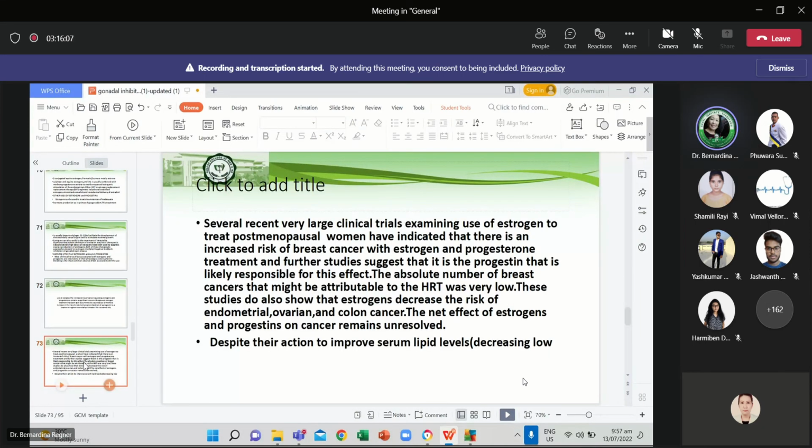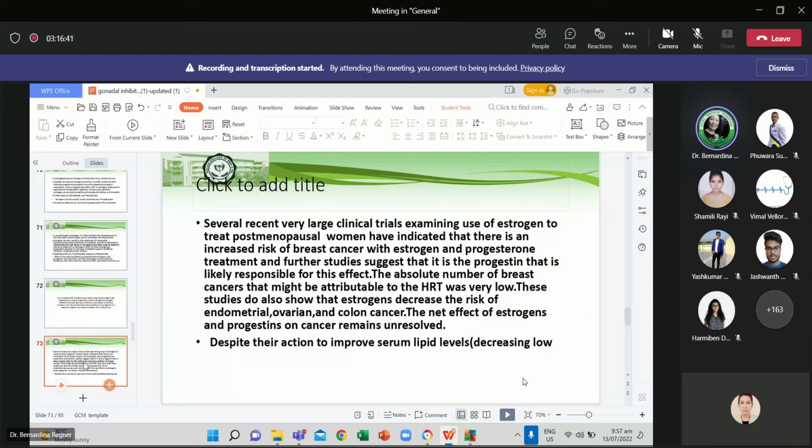Okay, now there have been some clinical trials that examined the use of estrogen to treat postmenopausal women because of an increased risk of breast cancer with progesterone and estrogen treatment. The absolute number of breast cancers attributable to hormone replacement therapy was very low. These studies also show that estrogens decrease the risk of endometrial, ovarian, and colon cancer.